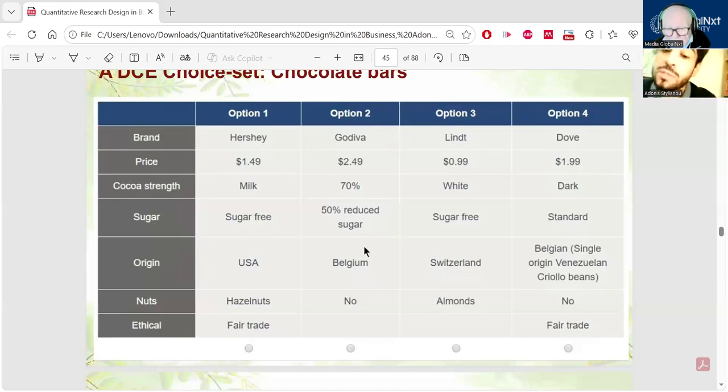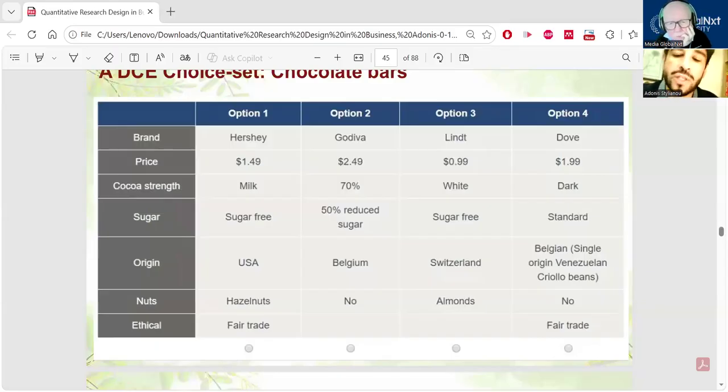The discrete choice experiment, I consider it to be particularly important nowadays in business research, exactly because it allows us to approach reality, the complexity of decision making, right? As I said before, we consider simultaneously different factors in order to make a decision.